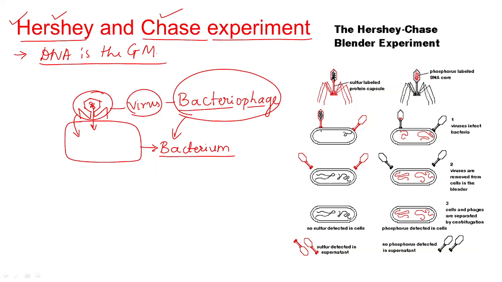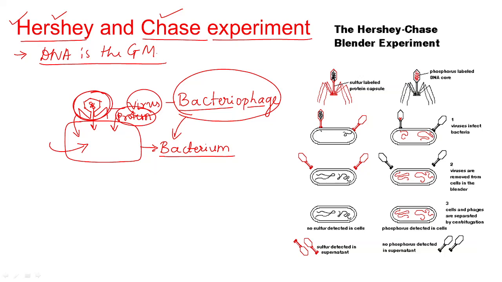So, this clearly tells that the material that enters into the host cell will be the genetic material of that particular organism. Is that clear? If the virus injects the protein coat, then protein will be the genetic material.